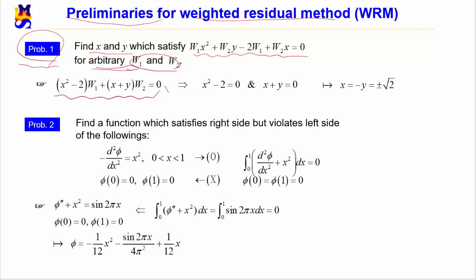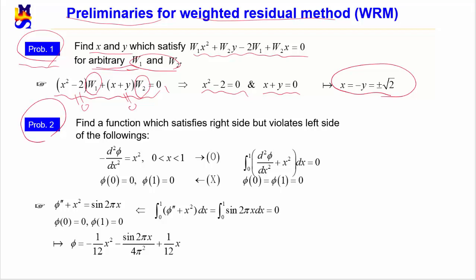In this case, we have to rearrange the equation with respect to W1 and W2, and then we have to impose zero values on their coefficients, like this and this relations respectively. Then we obtain these solutions.